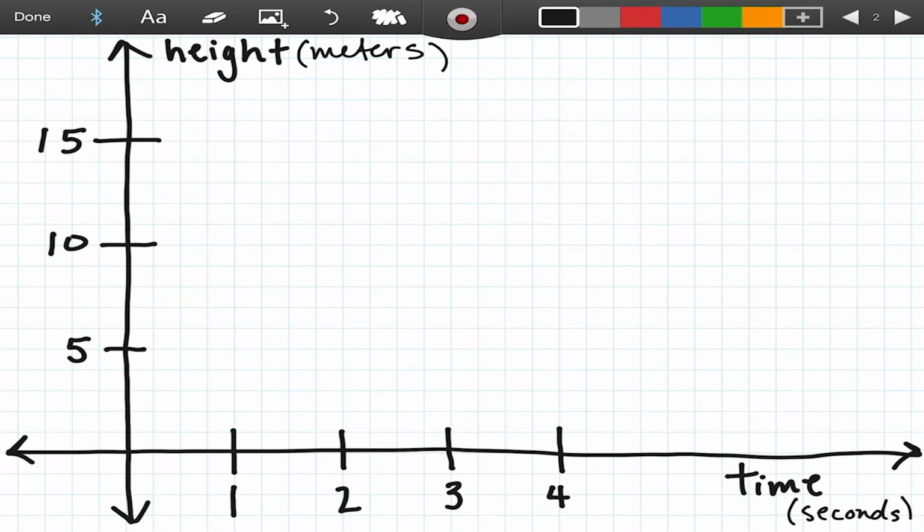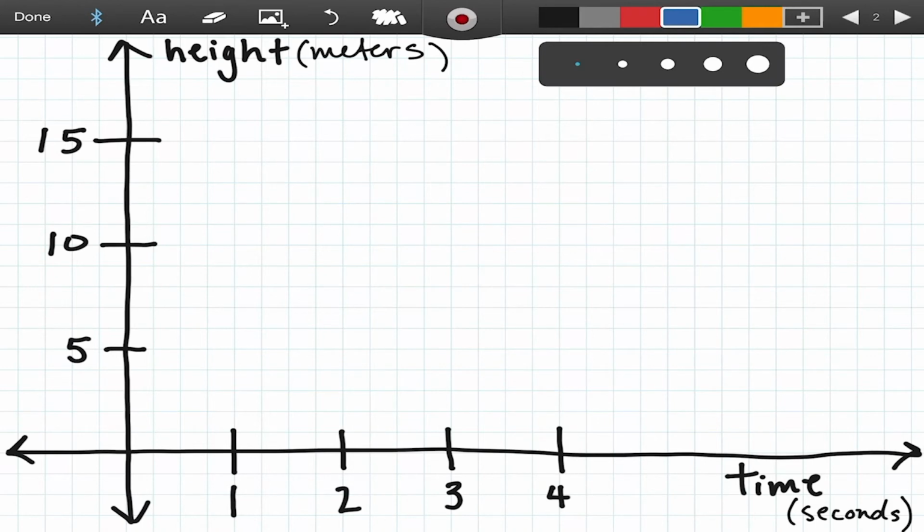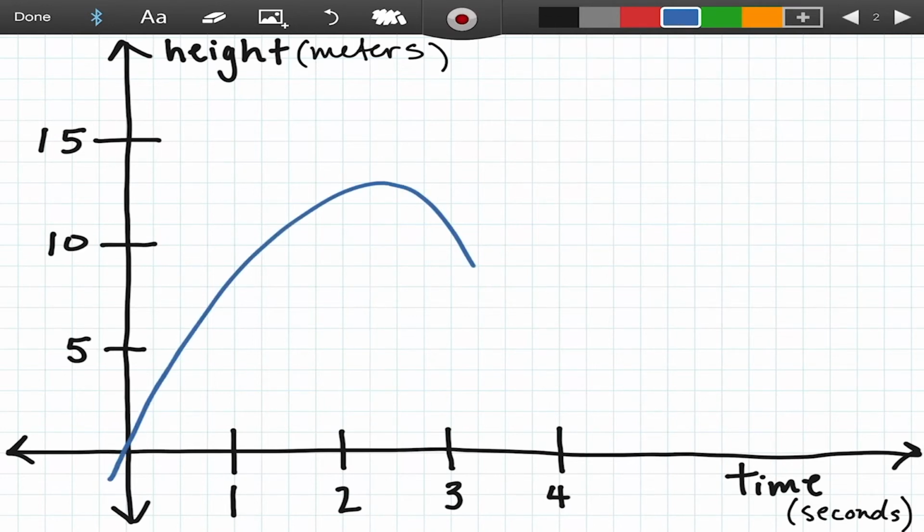Again, not like that really matters, but just so we have an idea. When you kick something, it goes up and then it eventually comes down, because that's how gravity works. So let's say it looks like this. Bad graph, but it doesn't matter.